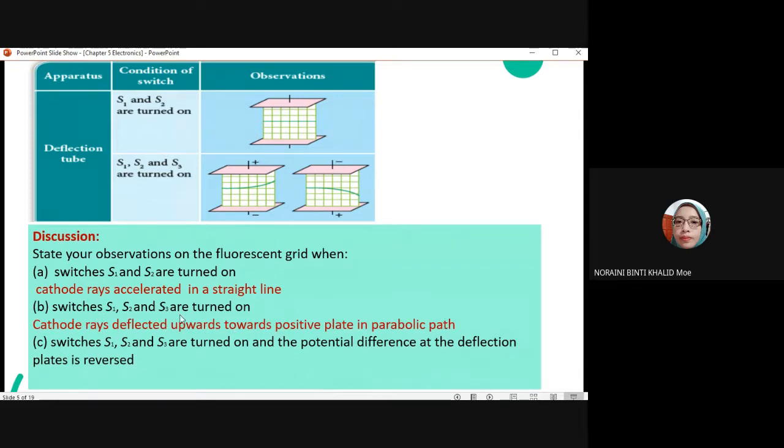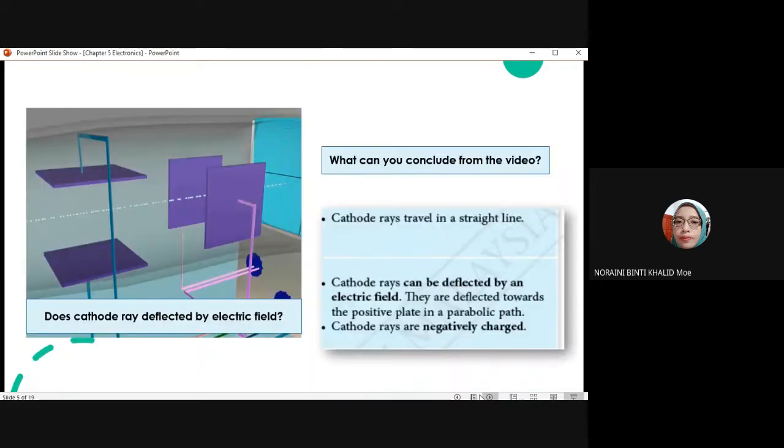It always deflects towards the positive plate. When switches S1, S2, and S3 are turned on and the potential difference at the deflection plates is reversed, it is the same as this case, so the cathode ray is deflected downwards towards the positive plate in a parabolic path. Okay, let's watch this video to show how the cathode ray is affected by an electric field.